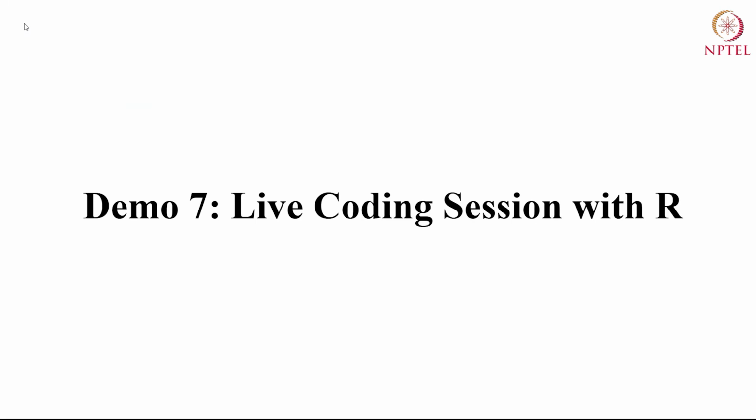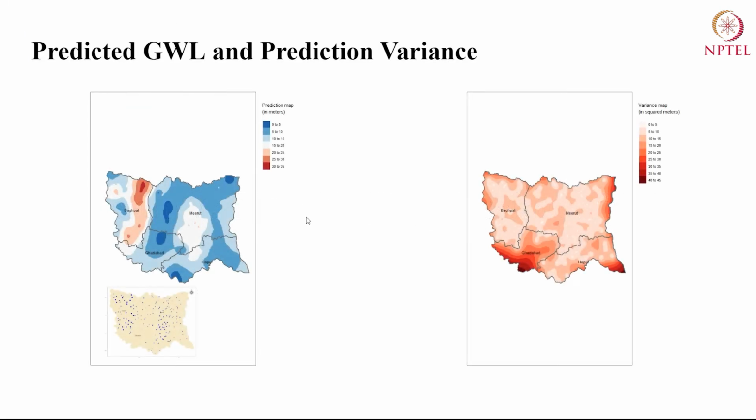So let's go back to this for a while, and now let's look at what we've done. We started with this data. This was data where somebody went out to an observation well, lowered a tape into it, and measured the groundwater level in the year 2015 at 245 locations in post-monsoon in this western UP region.